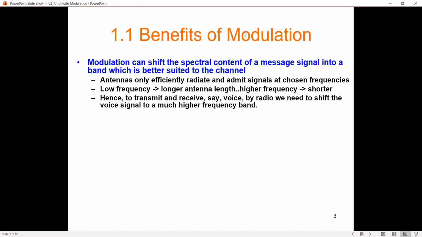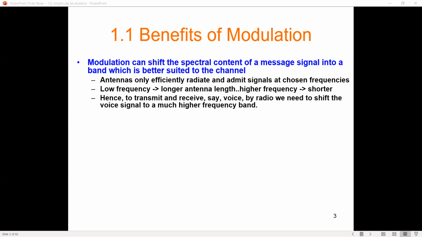So why do we need modulation? What are the benefits of modulation? Modulation shifts the spectral content of a message into a band which is better suited for our medium.